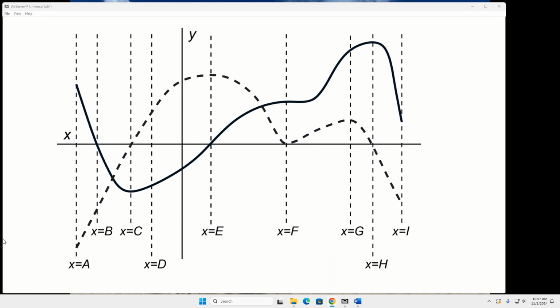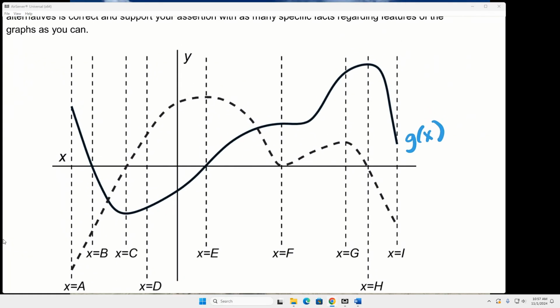If you have the derivative, then that means everywhere on that graph is the slope of the original graph g. So which one do you think is the original, the solid or the dashed? The solid is the original. And we're going to say h is the derivative of g.